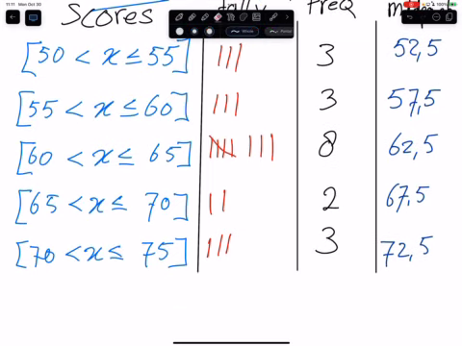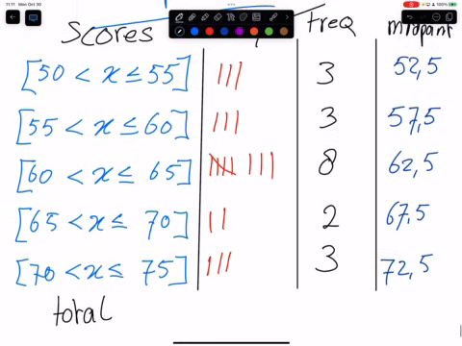So what is the total amount of frequency? The total amount of students who participated? We have 3, 3, 8, 2, 3, 19 students. That is correct, 19 students.